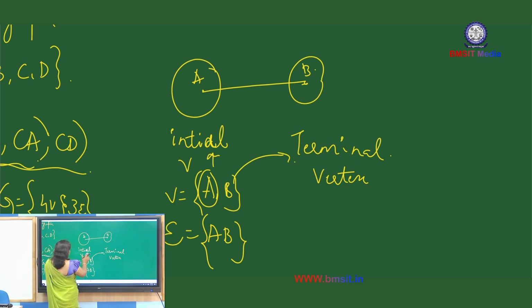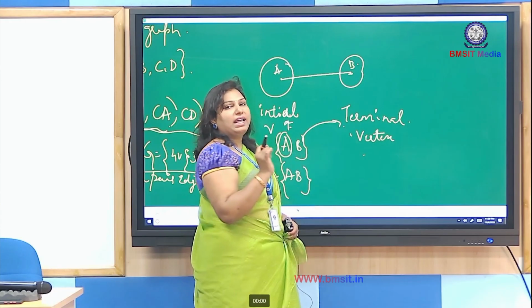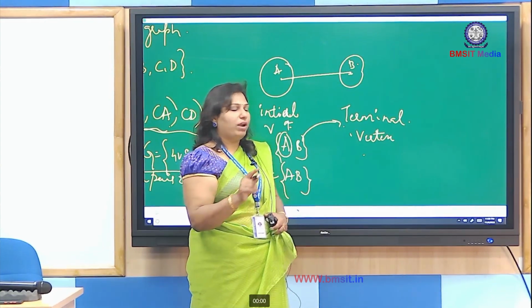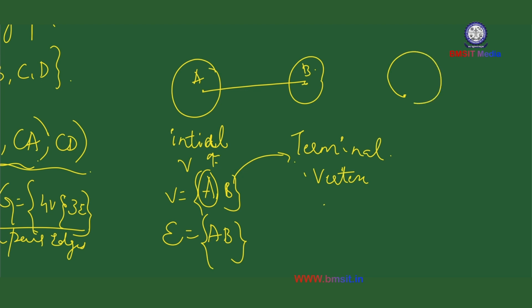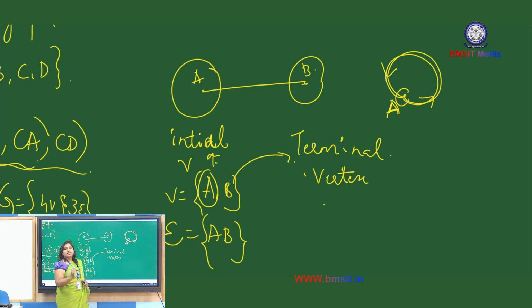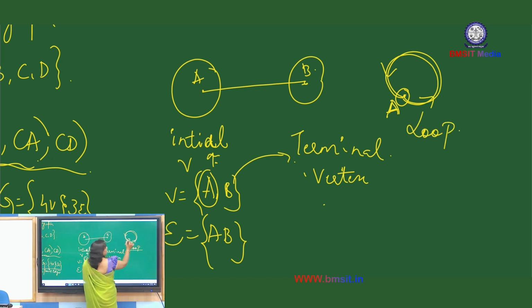So now, after knowing the initial vertex and the terminal vertex, if an edge starts at the same point and ends at the same point, like this point A, where we have only a single vertex, and the edge starts and ends at the same vertex, it is called a loop. It starts at the same initial vertex and ends at the same terminal vertex.